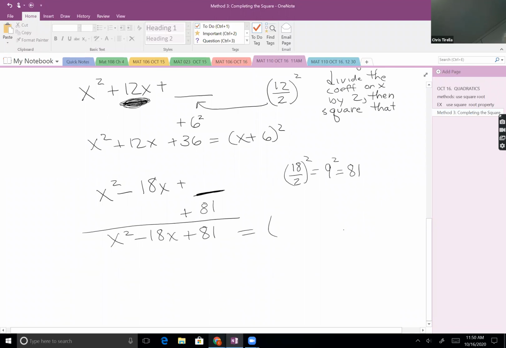And wouldn't that factor into x minus 9 squared? And so we're always going to take half of that coefficient of x, square it, and add to both sides.